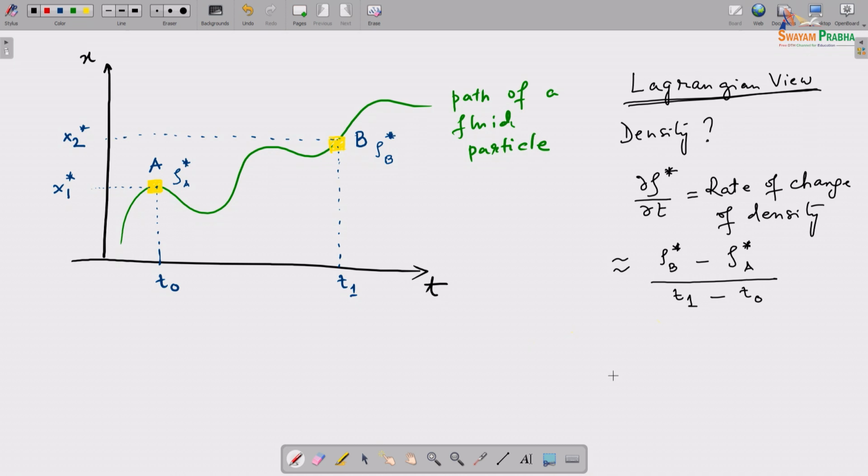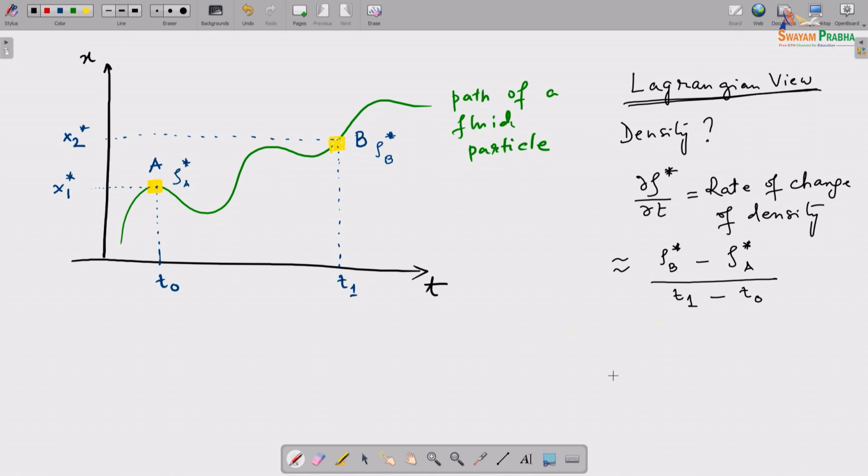The only thing to note here is that this rho star is the density of a fluid particle. We are following a particle. So this is essentially the Lagrangian view, how I look at this change.